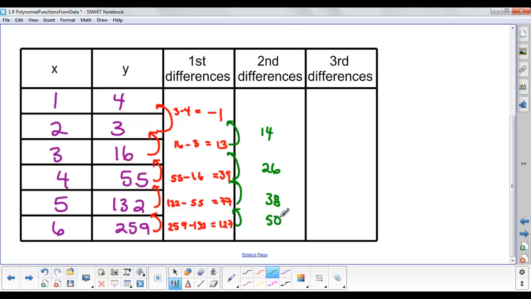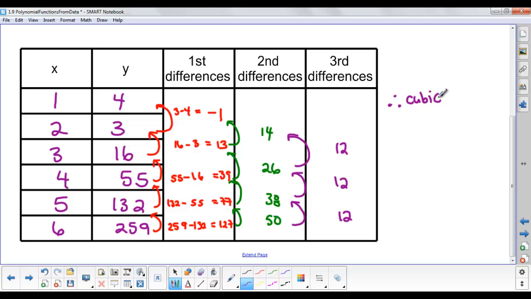I know I don't have a quadratic function, so I'm going to move on to third differences and subtract. 26 take away 14, 38 take away 26, and finally 50 take away 38. I take a look at my third differences and I see I have all 12s, so I must have a cubic function.